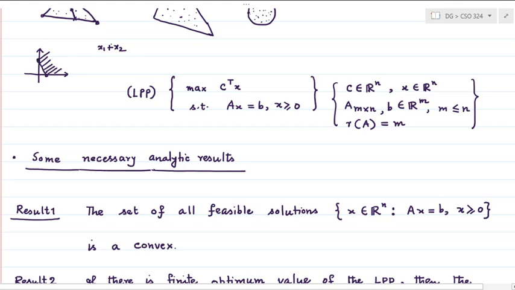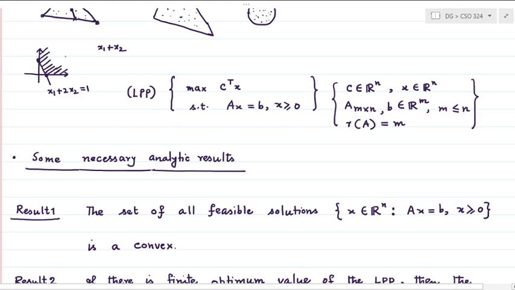But here you note that if I am trying to maximize this x1 plus x2 in this region, where this line, let's suppose, is x1 plus 2x2 equal to 1, say, you notice that this objective function does not get any maximum value in this feasible region.